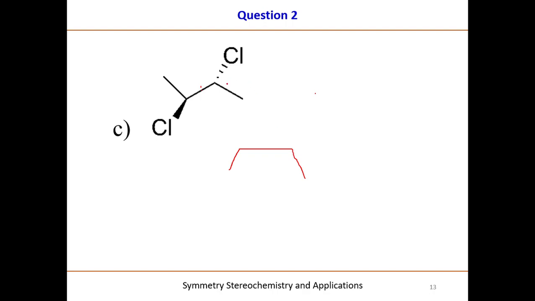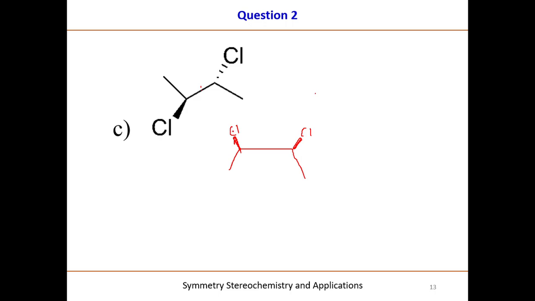If we rotate this carbon carbon bond, you will observe both the chlorine atoms are in the same plane here. Sorry for the confusion, this is the trans one because this is the zigzag form.